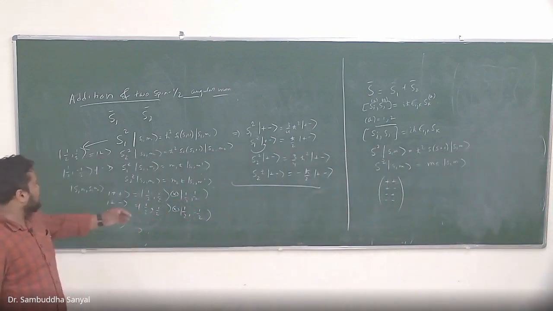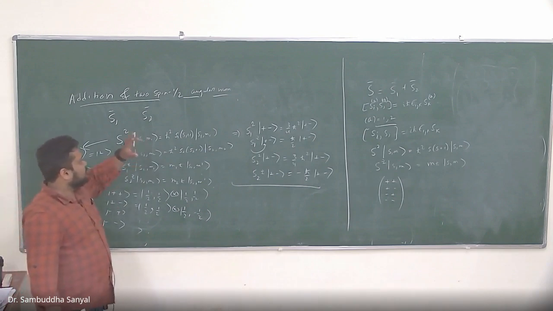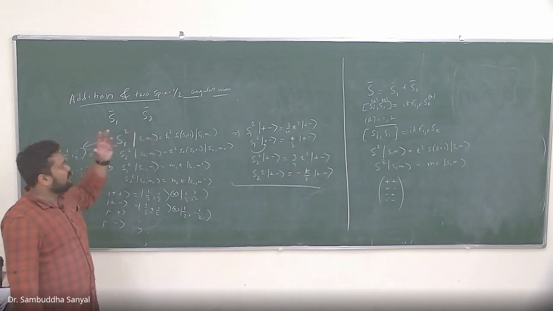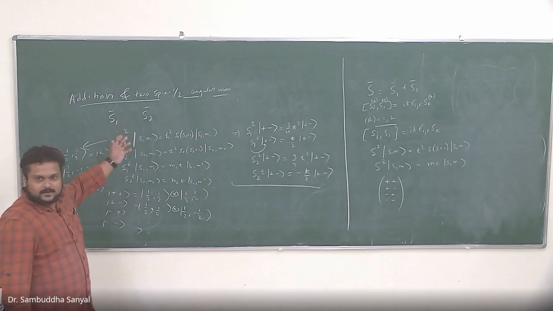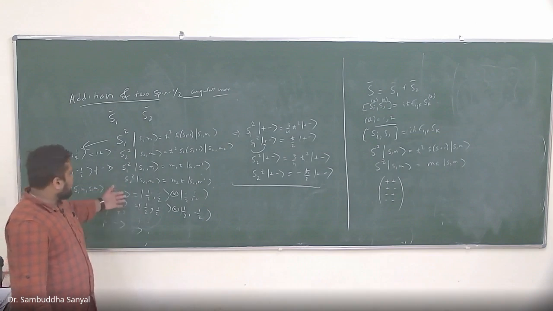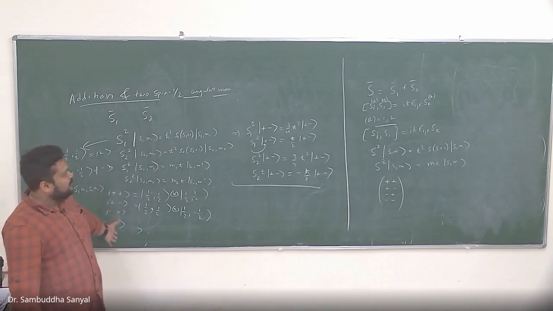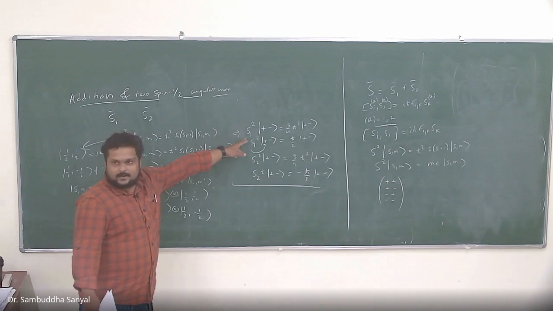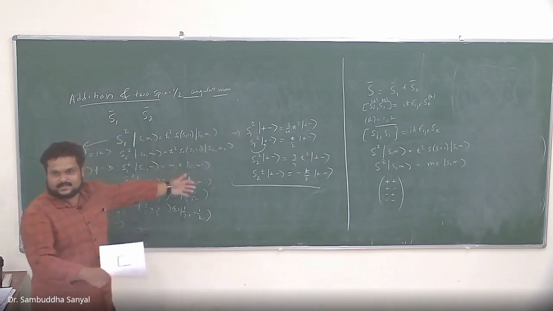So we know the eigenstates of the two individual particles, of S and S squared. Then we constructed a joint set of states, and obviously they will be eigenstates of these operators acting on this expanded basis.